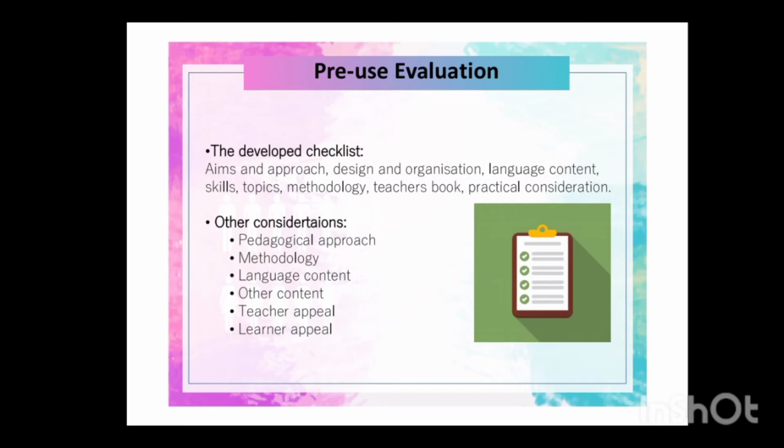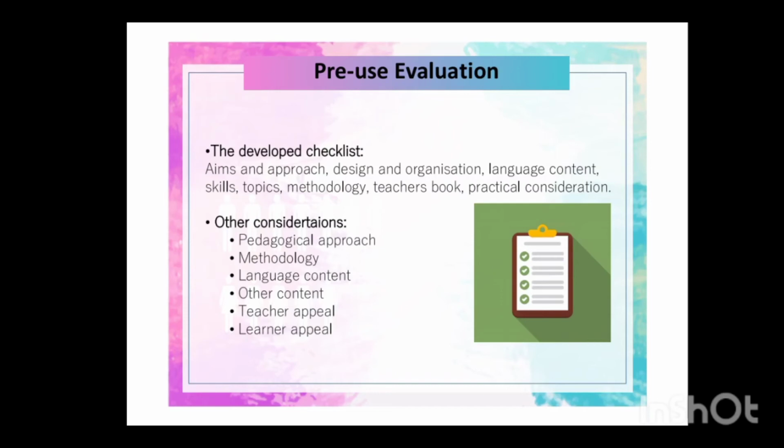And then the last is the learner appeal. We can consider the interest of the learners, like the topics. Let's imagine our students are young learners, and we choose a textbook whose topics are too difficult, like politics and society, and other topics which are too difficult for young learners.